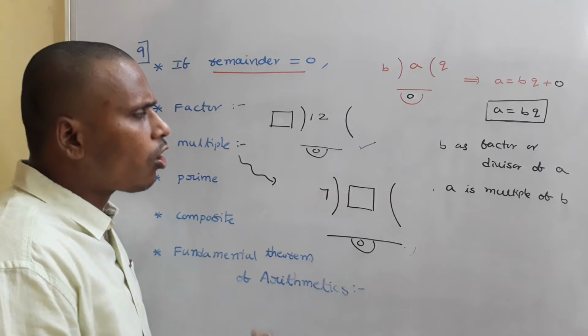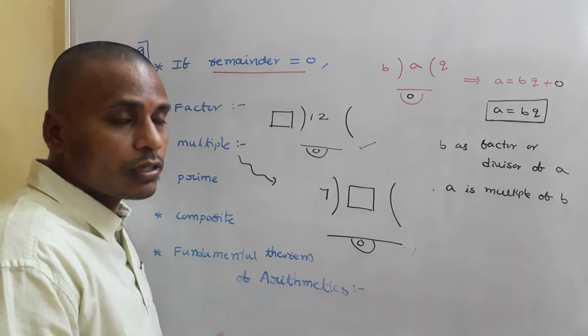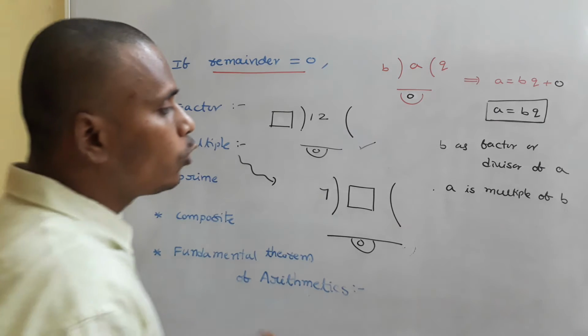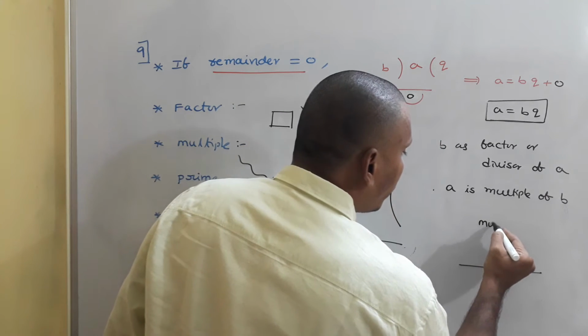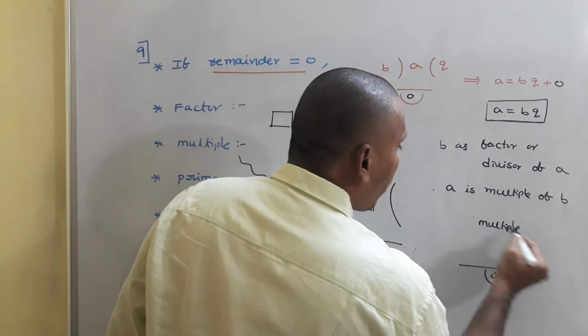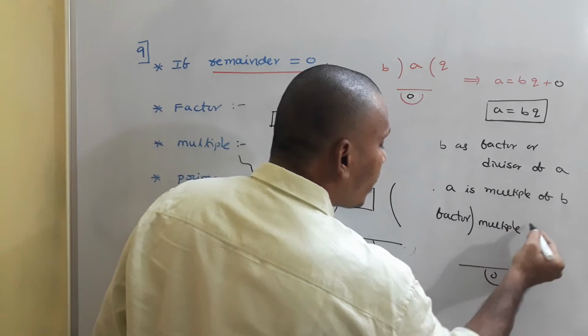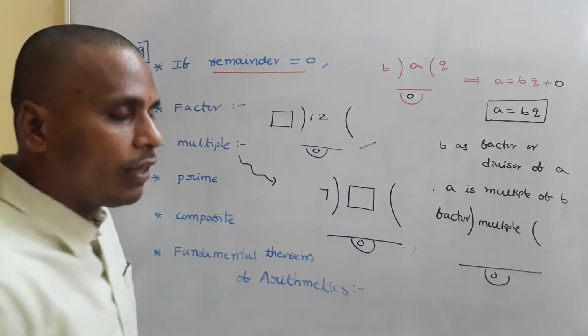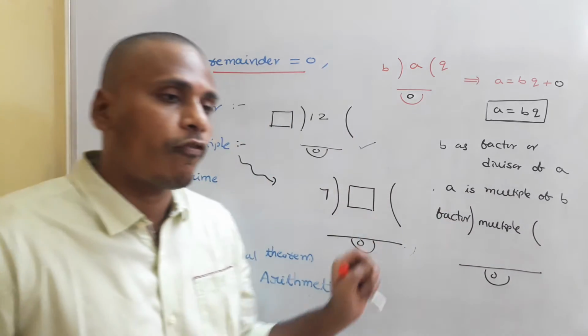I think we are all very familiar with factor and multiple from our 3rd, 4th class onwards. But here, if the remainder is 0, then automatically the dividend becomes a multiple of the divisor and the divisor becomes a factor of the dividend.